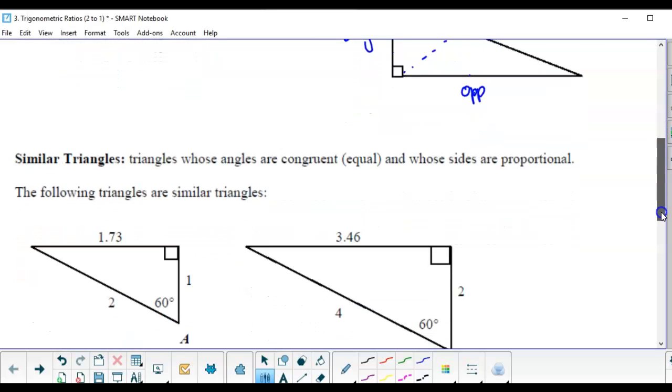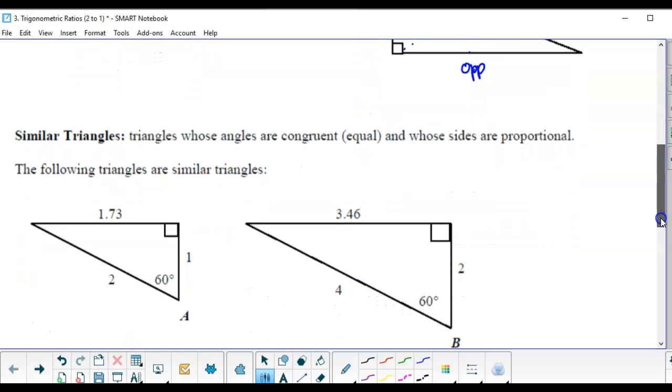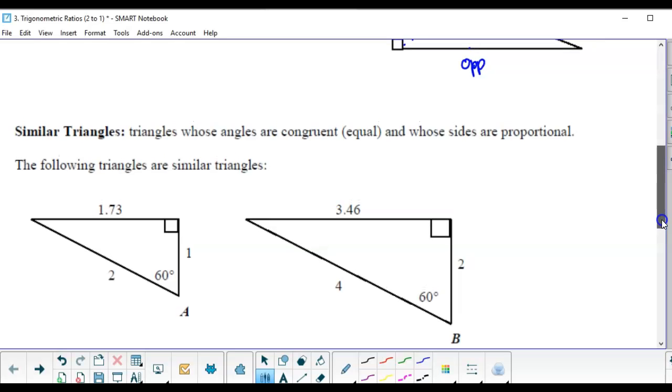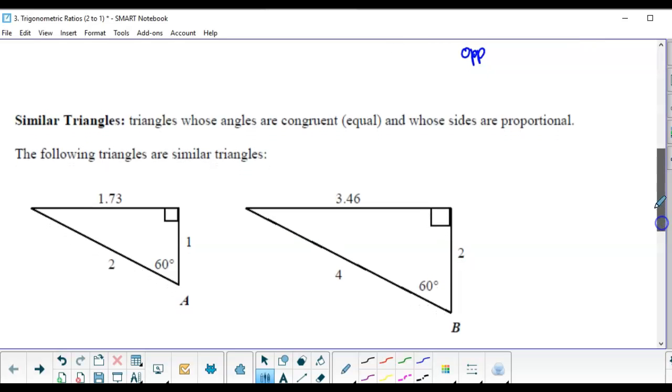So, similar triangles. If you remember back to junior high, those are triangles whose angles are congruent or equal and whose sides are proportional. Okay, so it's basically an expansion or a shrink, right? A compression. But what happens is these angles, for example, here are exactly the same.